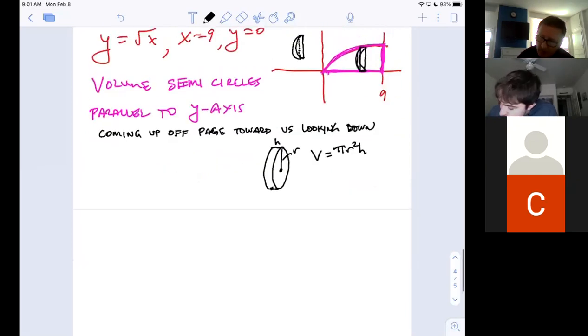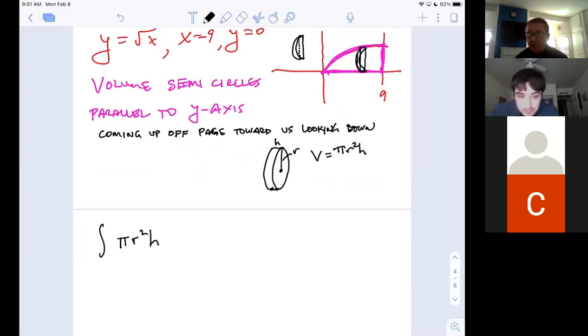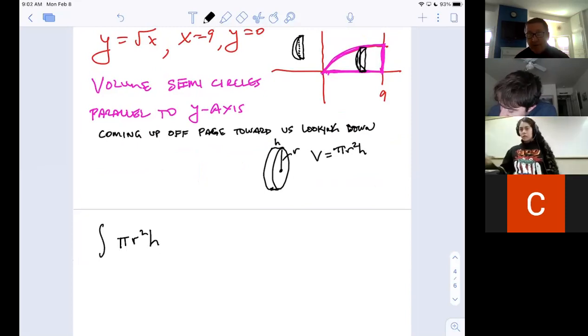So if you say, great, what we're doing is adding up a whole bunch of those. Right. We don't just have one, we have a whole bunch of them. And they're getting smaller and smaller and smaller as you move down. And in our case, they're semicircles, which I forgot last time, right?